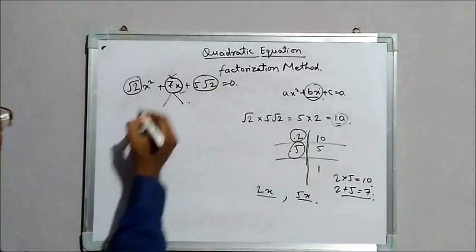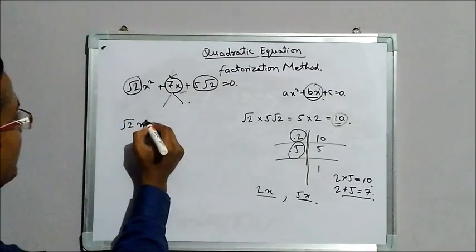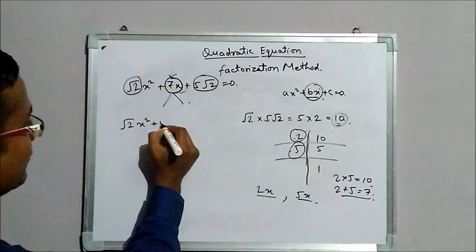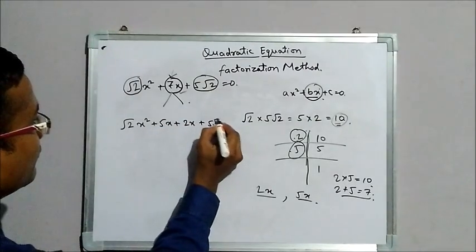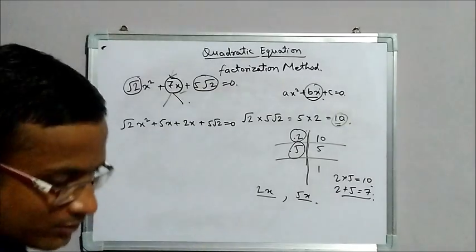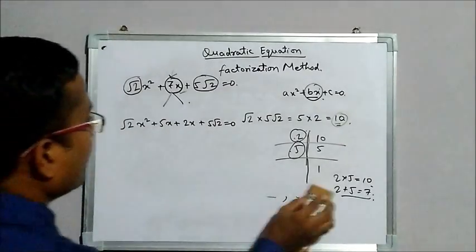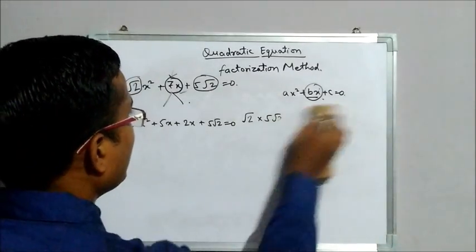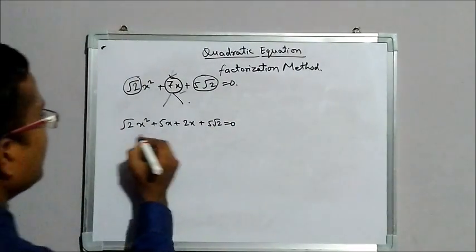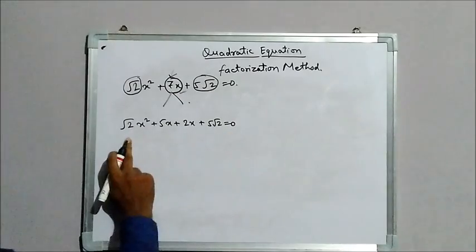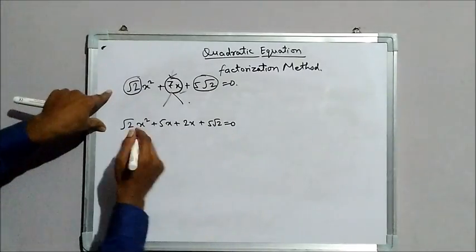Splitting this 7x, what do we get? Plus 5x plus 2x plus 5 root 2 equals 0. Now we get a four-term equation.